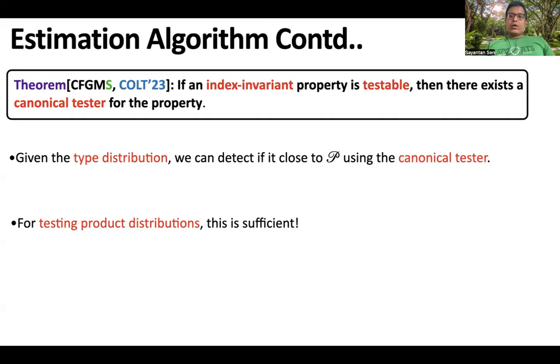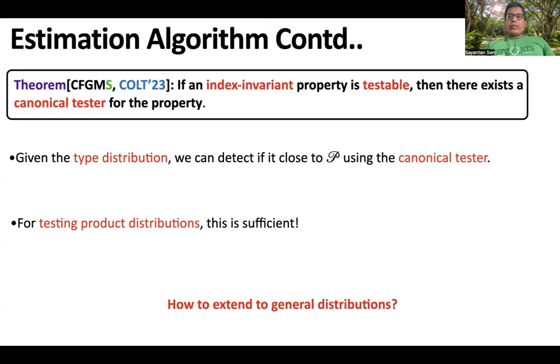To sum up, we first approximate the type distribution of the unknown distribution, then we consider all possible discretized type distributions that are accepted by the canonical tester, and then we estimate the distance between our unknown type distribution and the possible type distributions that are close to the property. Combining, we show that this is sufficient for product distributions.